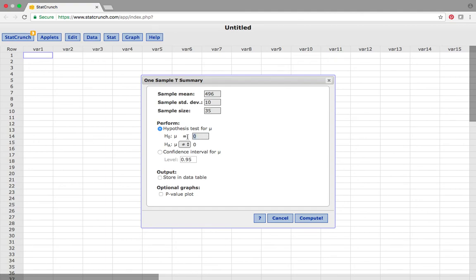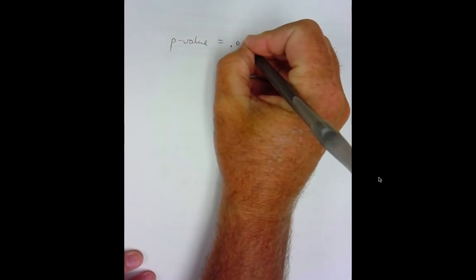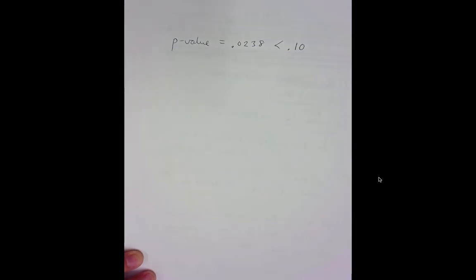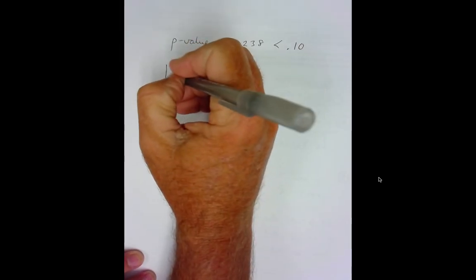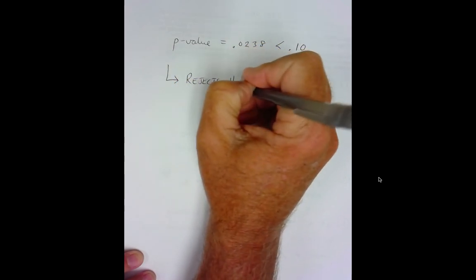I want to test 500, and I want to test not equal to 500. Compute. You can see the p-value is 0.0238, which is less than our alpha of 0.10, which, I'm glad to say, leads us to the same decision.